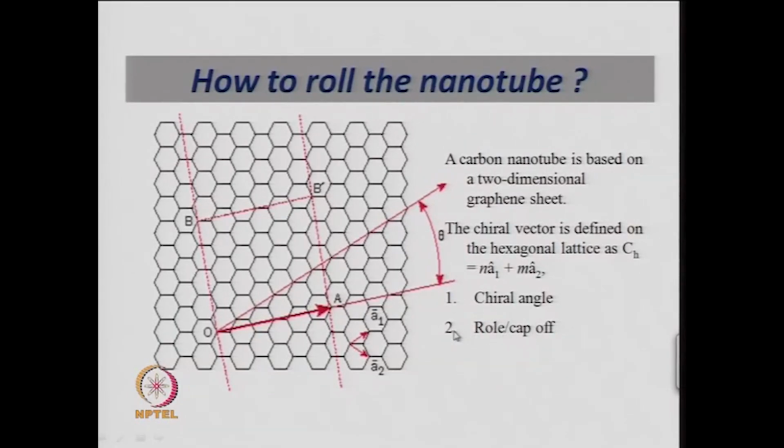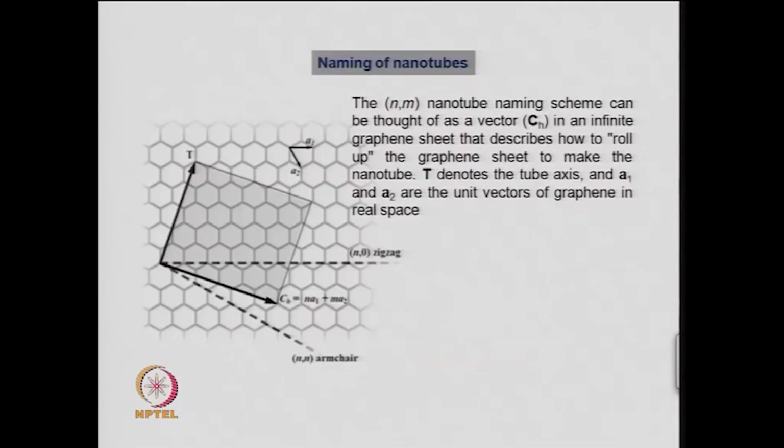These are certain things which give flexibility to the various kinds of nanotubes that you can generate using a simple graphene sheet, just based on the chiral angle at which you are rolling this planar structure into a cylindrical structure.